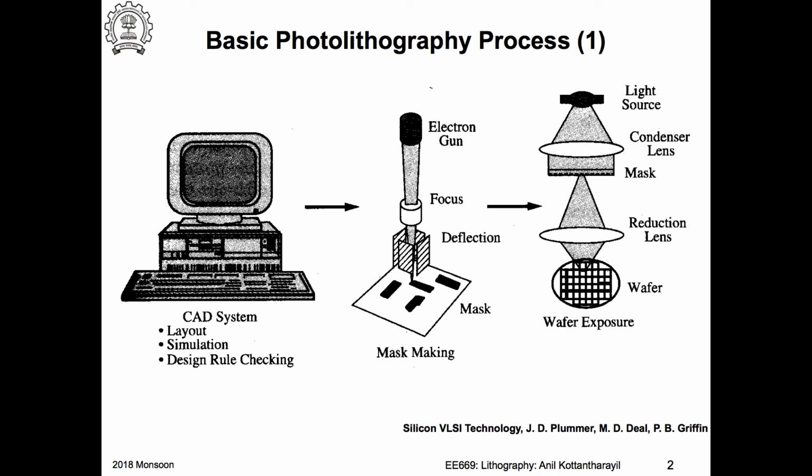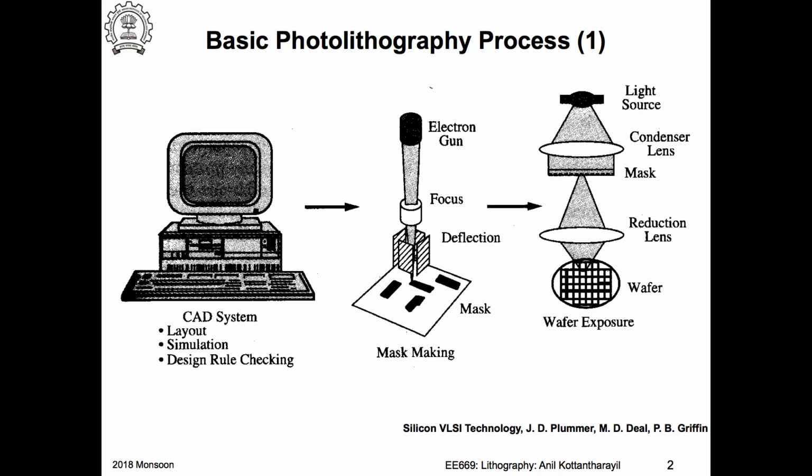So what am I going to do? I take this glass, which has the chrome on it, and then I spin coat what is called an electron beam resist, an electron beam sensitive resist.